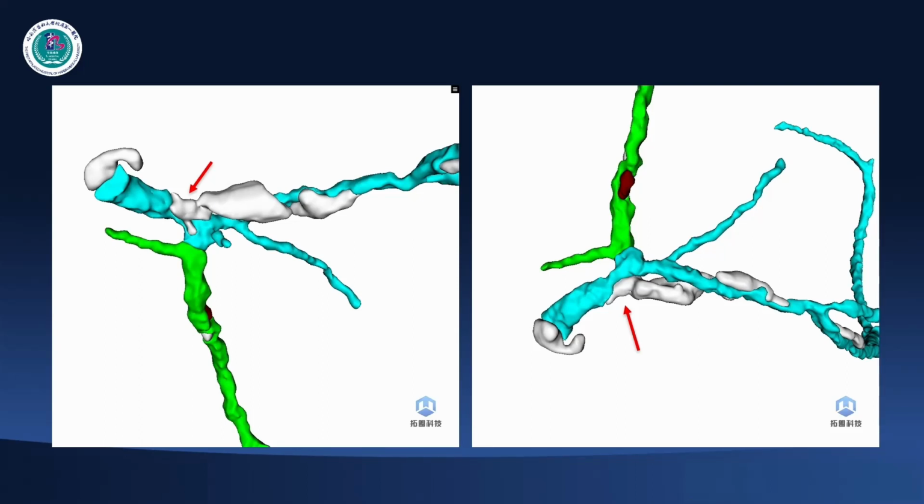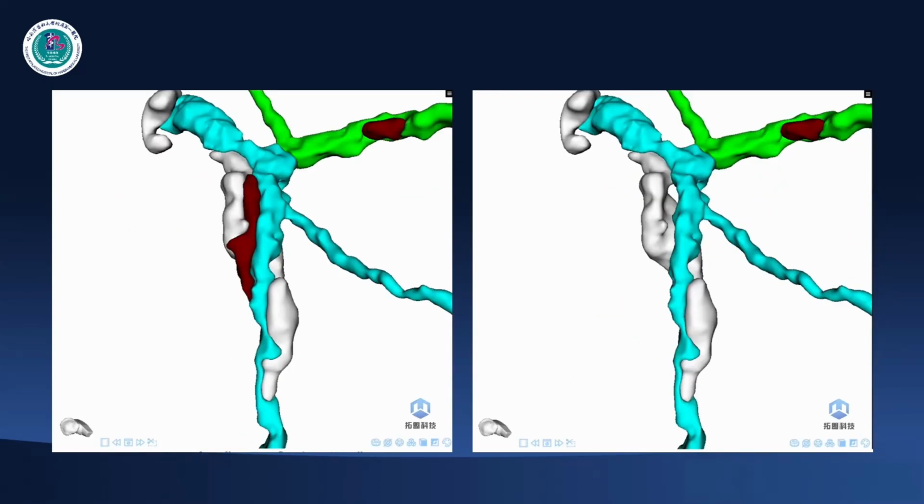But when we go further distal to the LAD, we can see there is a relatively large calcified plaque embracing the proximal LAD. So that is the place we should pay more attention to.